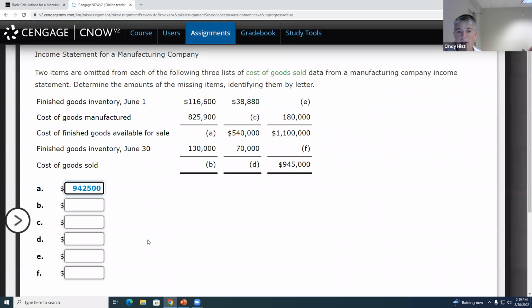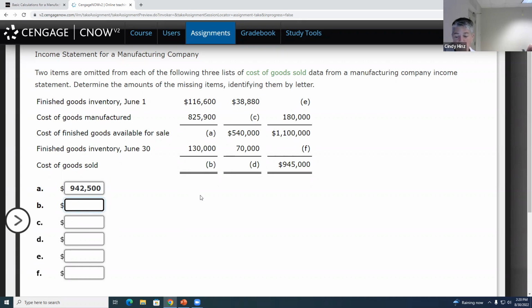So they had available, probably not all at the same time, but throughout the month, they had a total of $942,500 worth of stuff available for sale. At the end of the month, they had only $130,000 worth of merchandise still in ending inventory.